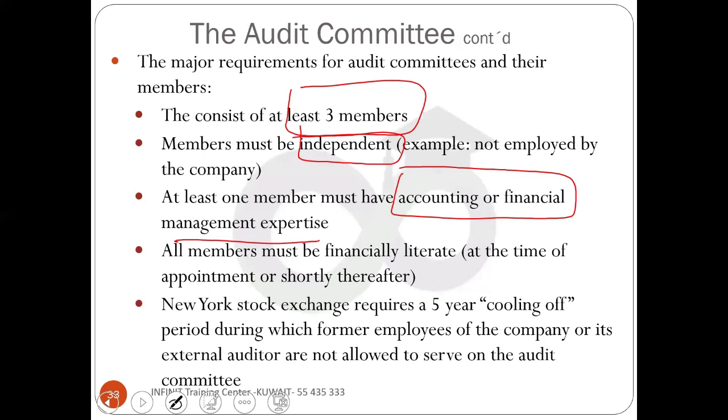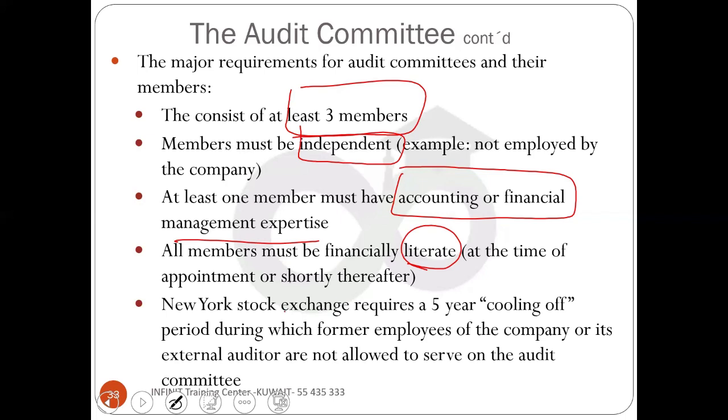Out of these 3, 1 should have expertise. Maybe he should be a CPA, or CA, or whatever it is in different countries. And all members must be financially literate. At the same time, all members should have literacy about finance.